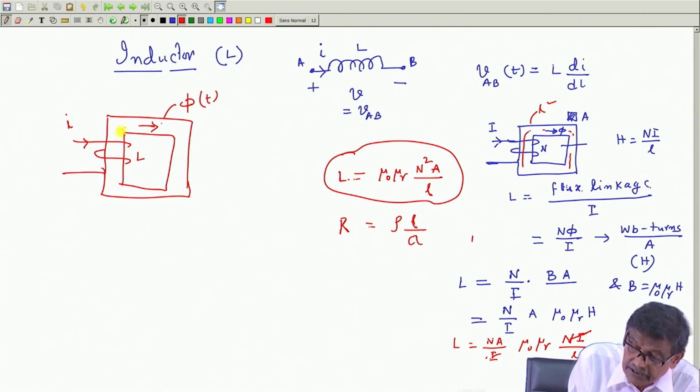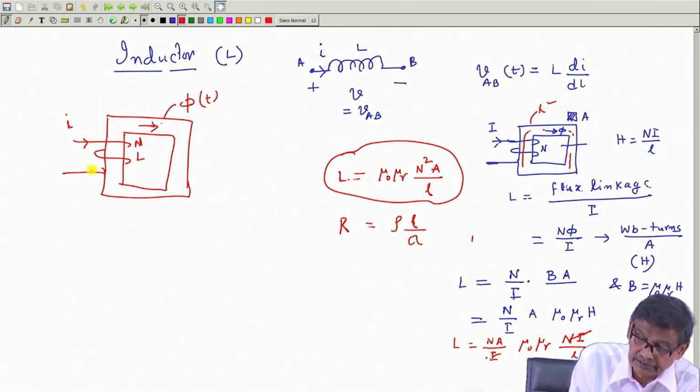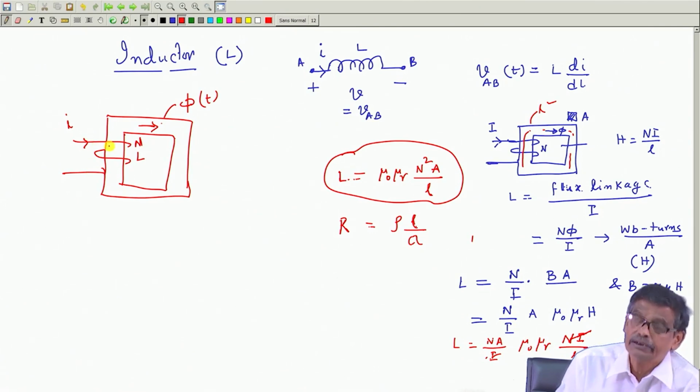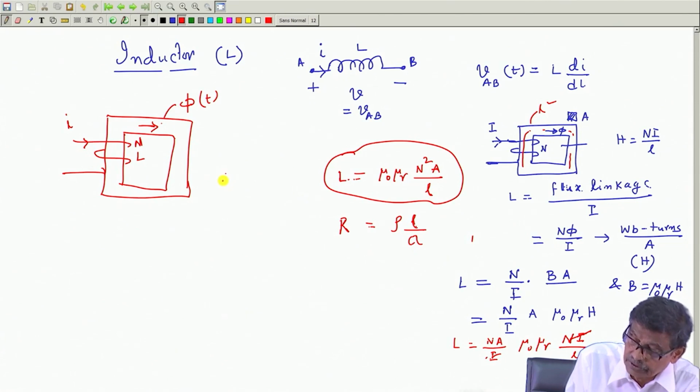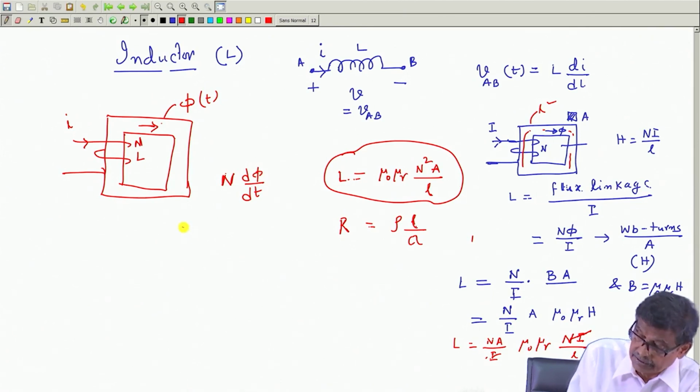Now, if a time varying flux links this coil, how much will be the induced voltage in it? Across this, there will now be an induced voltage. The magnitude of that voltage is N d phi dt, is it not? N d phi dt is the magnitude of the voltage, that is d dt of N phi.